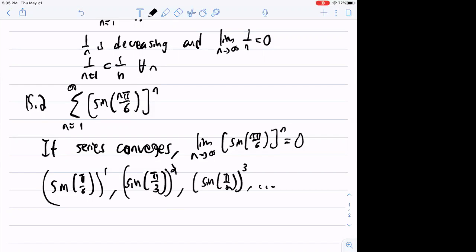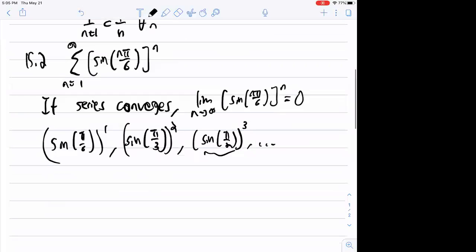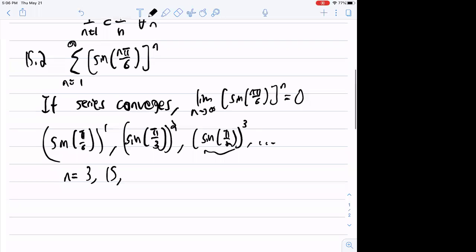But what I want you to pay attention to is this term, when n is 3. And let's add in other numbers, I think 15. 15 divided by 3 is 5, so 5 pi over 2. Then you just keep adding 12: 27, 39. What are all these terms?